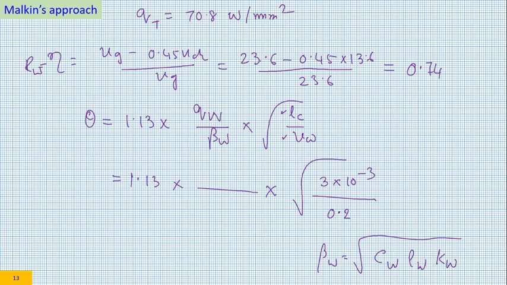If you take the square root of that, beta W becomes 13964.24, that I am not writing. And what is QW? QW is nothing but 0.74 into 70.8 into 10 to the power 6. If you calculate this, you will get theta. So let us calculate this.